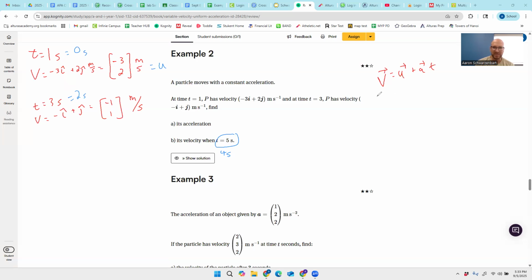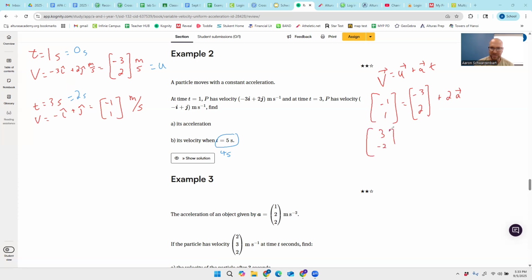So for V, I'm going to use my second one. It's 2a. I'll move that to the other side by going 3, negative 2.